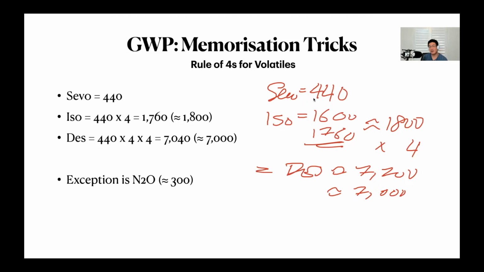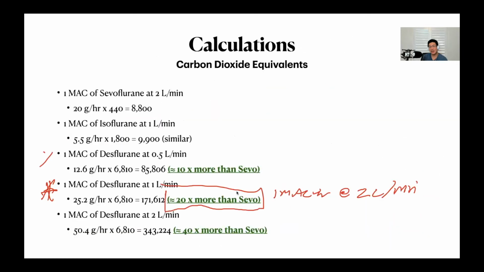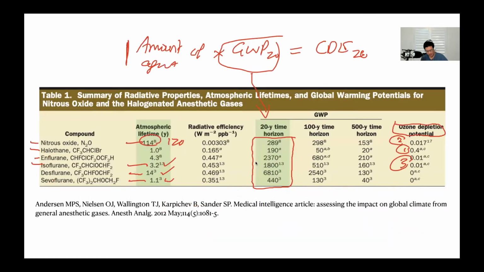So understand, sevoflurane is 440. 4 times that is approximately 1,800. 4 times this is approximately 7,000. And if we go back here, you can see 440, multiply this by 4, you get approximately 1,800 or thereabouts. And then after that, you multiply that by 4, you get approximately 7,000.